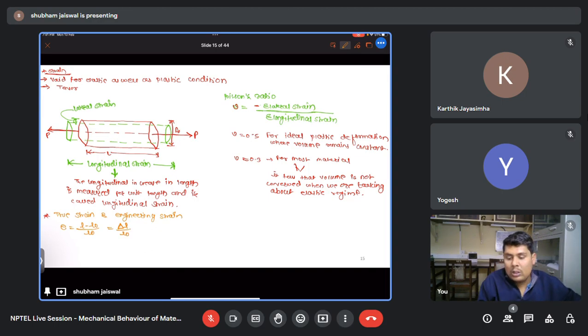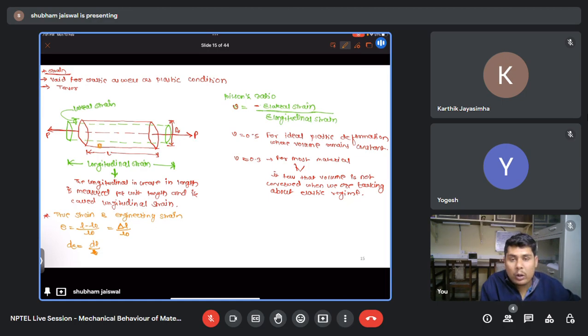Now if I consider it for a very small element, it comes out to be del epsilon equals del L upon L naught, or just simply say L. Okay, this is for a very small element inside this one.